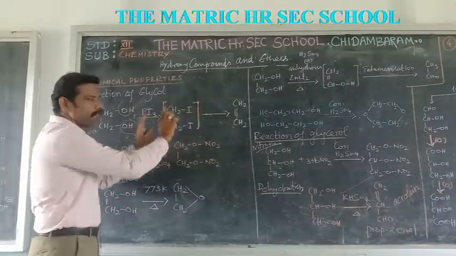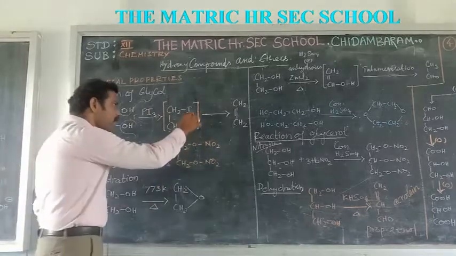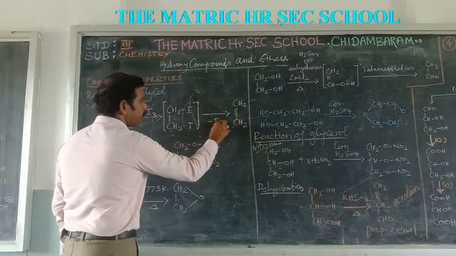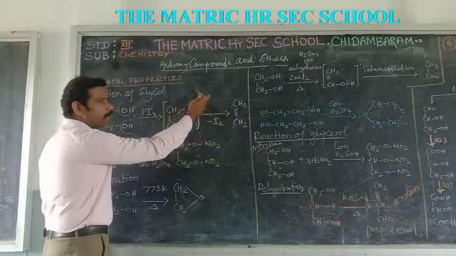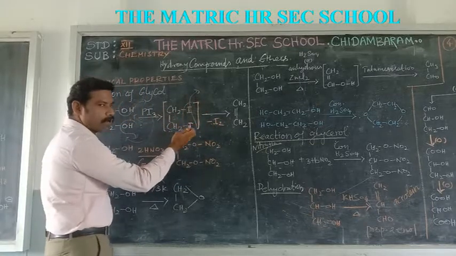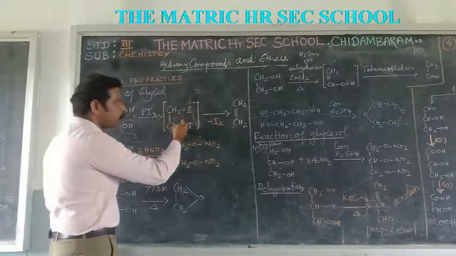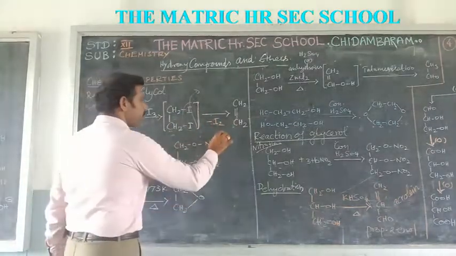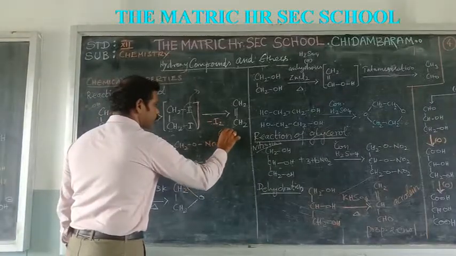The symbol is mentioned for unstable. So it immediately loses I2: one iodine is released from this carbon and another iodine is released from the other carbon, and a new bond is formed. So you get an alkene, that is ethylene, or ethene.